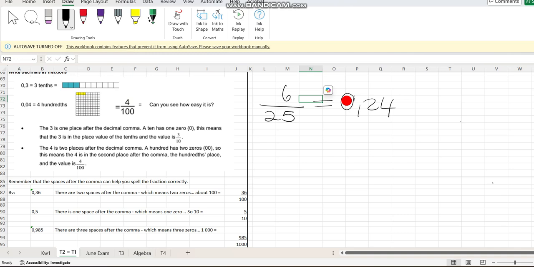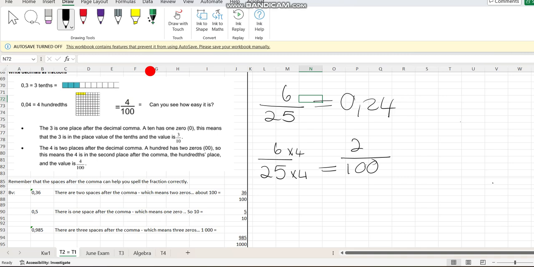Now let's see if we actually work this out without a calculator, what we're going to get. So we have 6 over 25, right? You need to change this because if they ask you for a method, you need to know how to do the method. You need to change this number either to 10, 100, 1,000, 10,000, something with a 1 and zeros. And if you look at it, obviously you can see that you'll be able to change this into 100 by multiplying with 4. Remember, what you do on the bottom, you do on top as well.